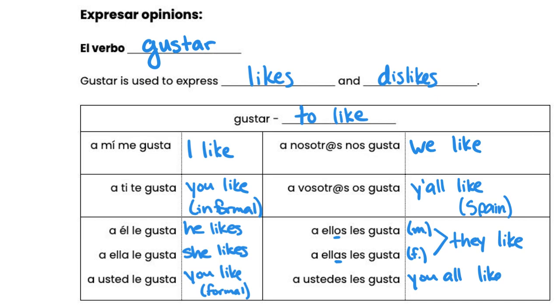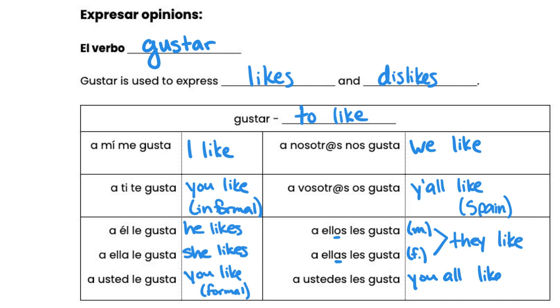So using the whole thing, a mí me gusta, a ti te gusta, means the exact same thing as just saying me gusta. There are just different contexts where someone might choose to use one or the other. It's not like one is more correct or better than the other. Typically, I will choose to just use the shorter version because it's simpler, less writing or less speaking.